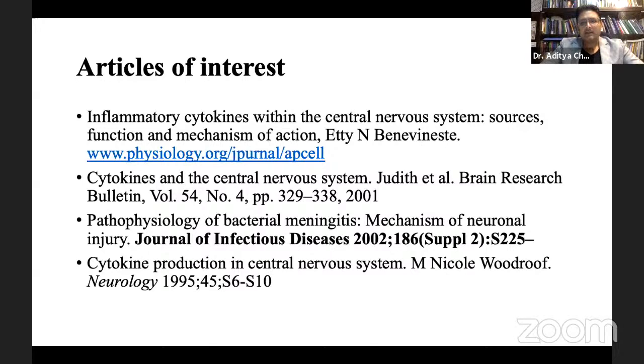I would forward that to Dr. Choudhary, who can forward it to the students. However, I would recommend all of you to read the 4th article, published in the Green Journal of Neurology in 1995, which has elucidated very clearly the production of cytokines in the CNS, and how it is different from the cytokines in the other parts of the body. Thank you.